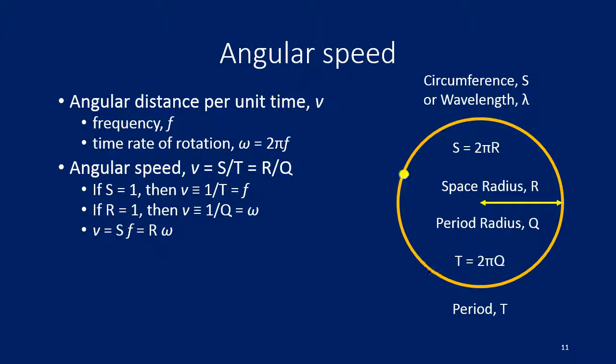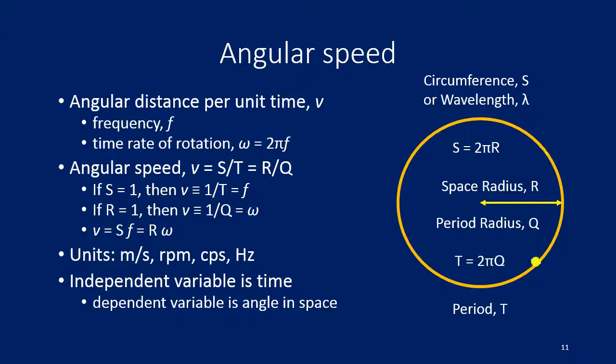Now, if s is 1, then the angular speed is equal to the frequency. Or if r is 1, then the angular speed is equal to the time rate of rotation. So that v equals sf, which also equals r omega. The units are meters per second, revolutions per minute, cycles per second, or hertz. And the independent variable here is time, so that the dependent variable is an angle in space.